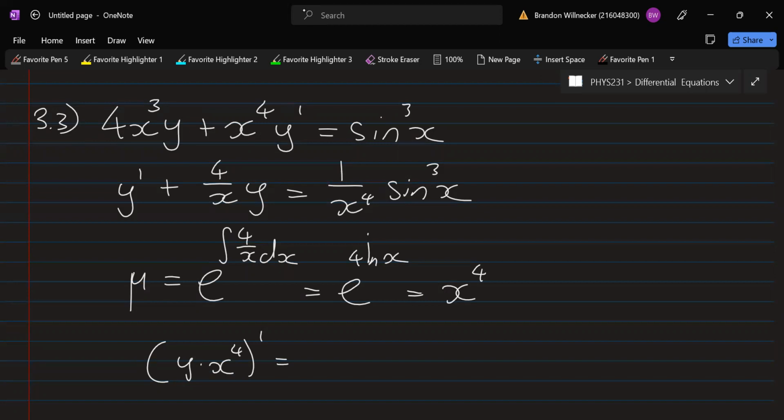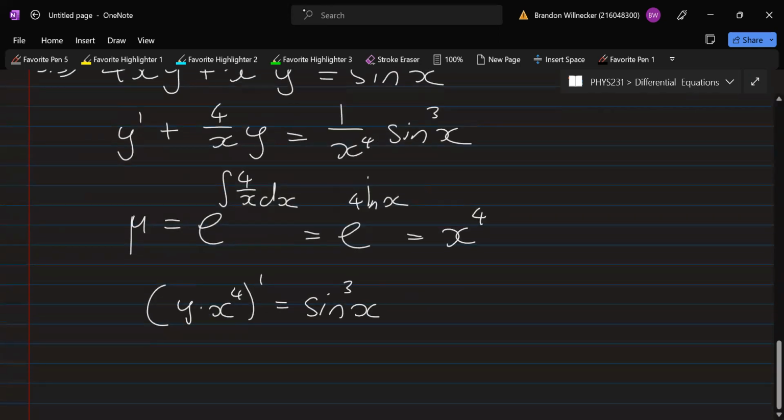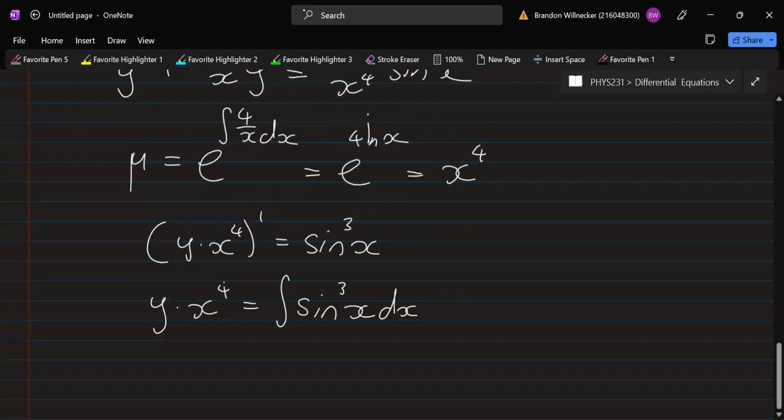So that's just sine cubed of x. Okay, now we can integrate both sides. So we have y times x to the 4 is equal to the integral sine cubed of x dx.